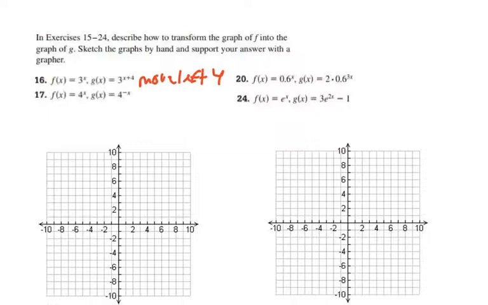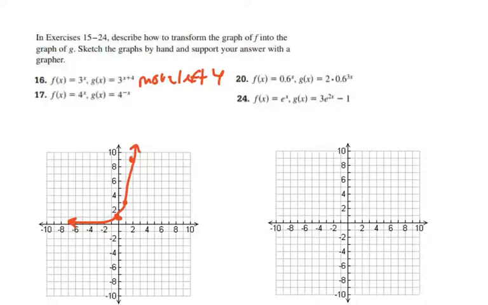Okay, so 0, 1 is our point right here. It's going through. And then we have 1, 3, and 2, 9.